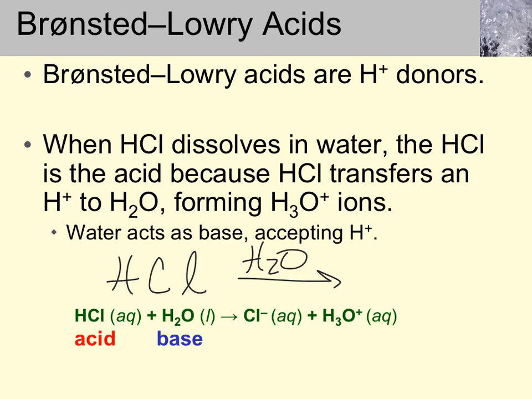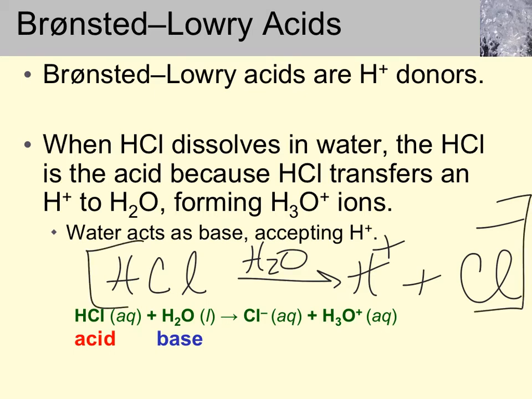They'll say HCl, when you put it in water, is an acid, and an acid dissociates into a hydrogen ion and the accompanying anion. I just want you to realize that whether you see an acidic substance represented like I just wrote, or represented as forming a hydronium ion, they're considered equivalent.